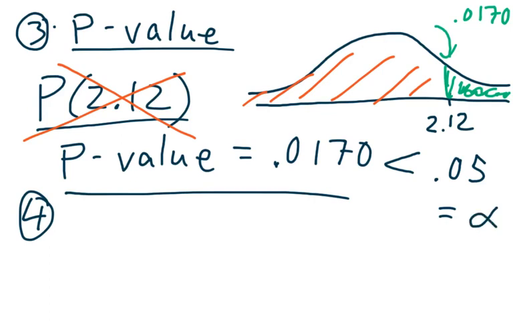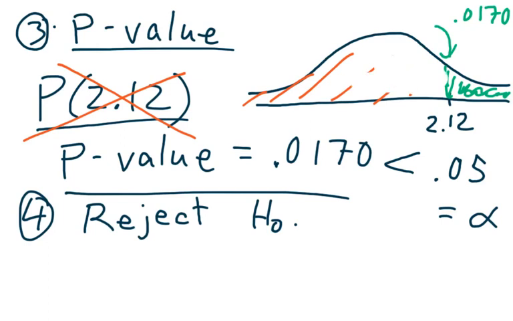So if our p-value is less than alpha, we reject H subscript 0. We reject the null hypothesis, like that. And just as a matter of explanation, here, let me try to erase this red shading here.